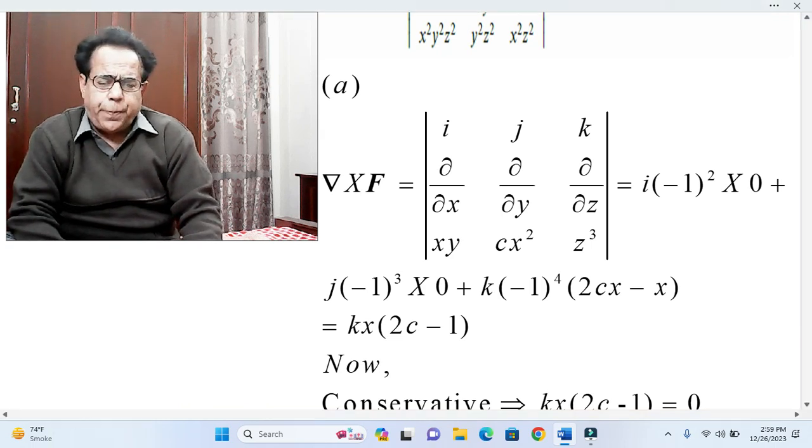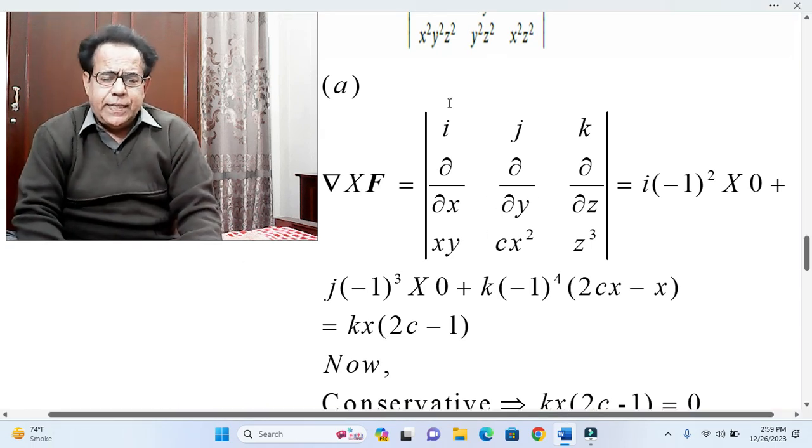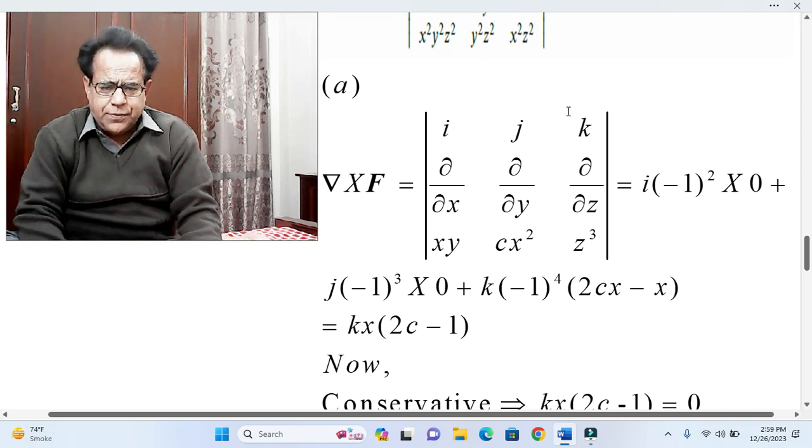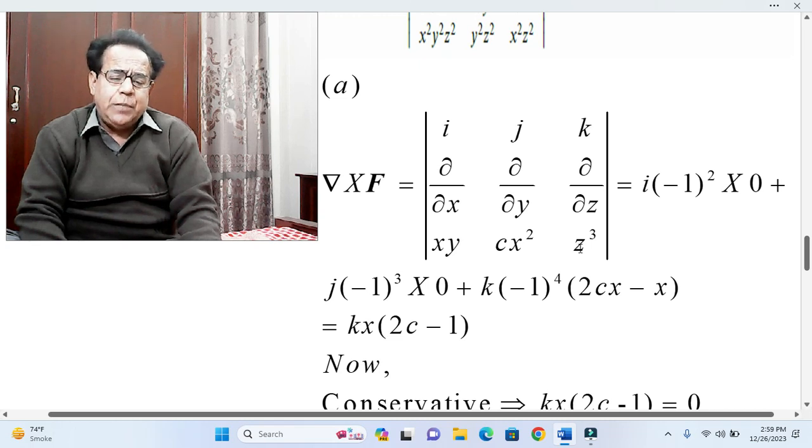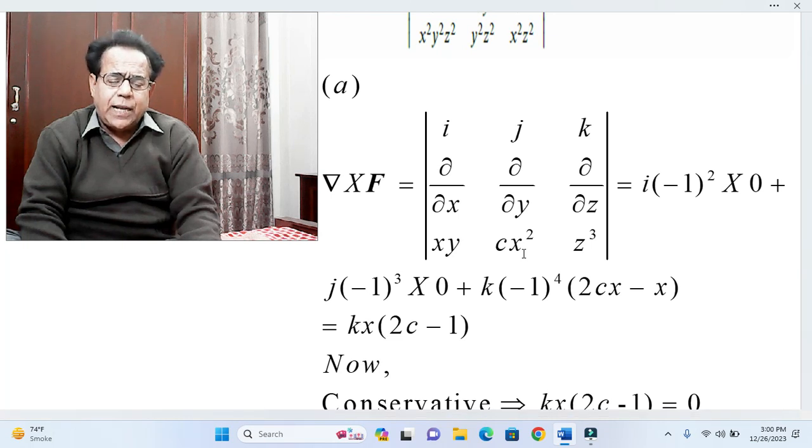So when we consider i, the first column and first row are omitted. The partial derivative of z cubed with respect to y is 0, and with respect to x is also 0. Only with respect to z it would be 3z squared, but that is not the case under consideration. Similarly, the partial derivative of Cx squared with respect to z is 0, and with respect to y also 0.